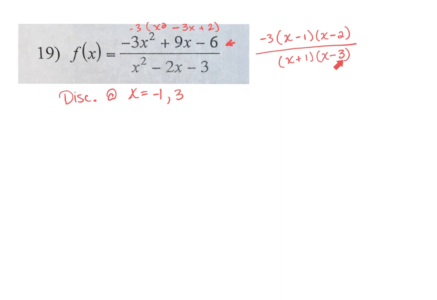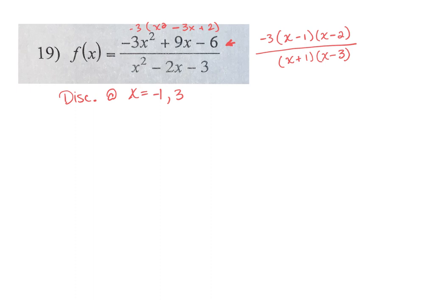If it asks you what type, these are non-removable. They're infinite discontinuities, okay? If I could have canceled one, I would have had 1 point and 1 infinite. That's possible too, but neither one of these will cancel. So just pay attention to that type because you are eventually going to have to do that piece of it too. All right, so discontinuous at those.